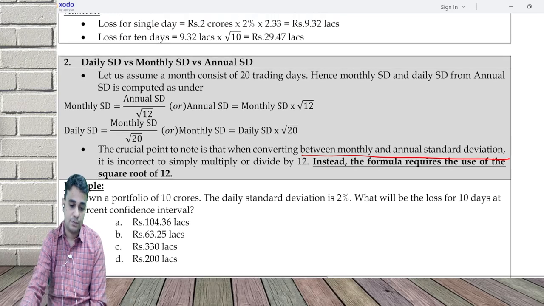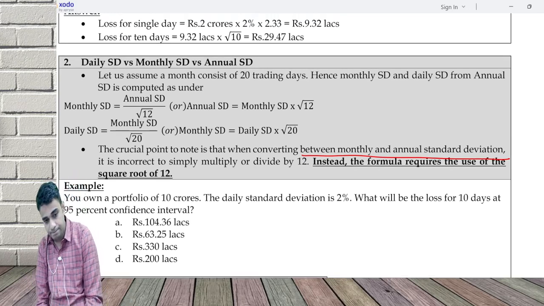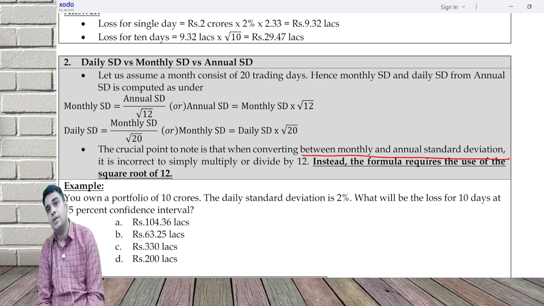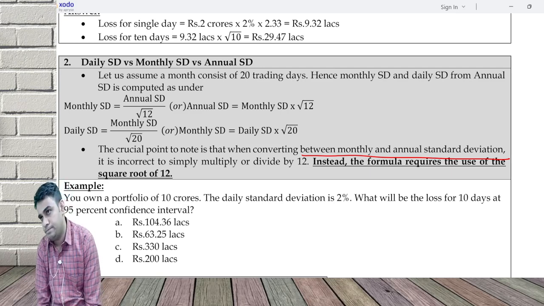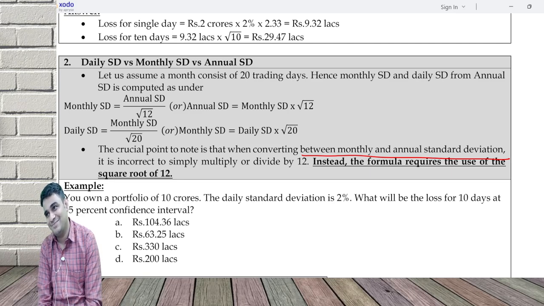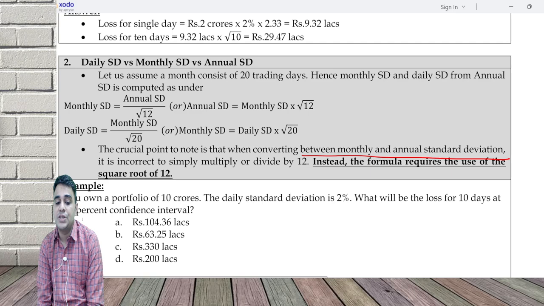Can you give me the answer to this? For a 95% confidence interval, you will have to remember the Z value. They may give it in the question mostly, but still better to remember only two levels. What is the daily standard deviation? 10 crore into 2% is how much? 20 lakhs.